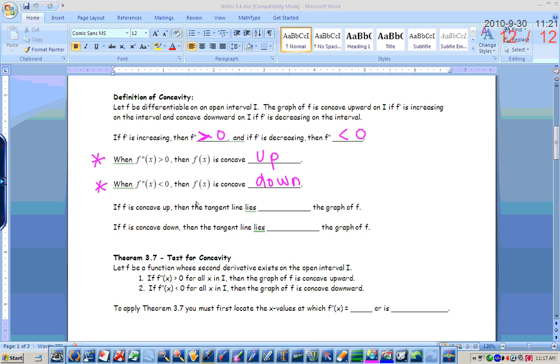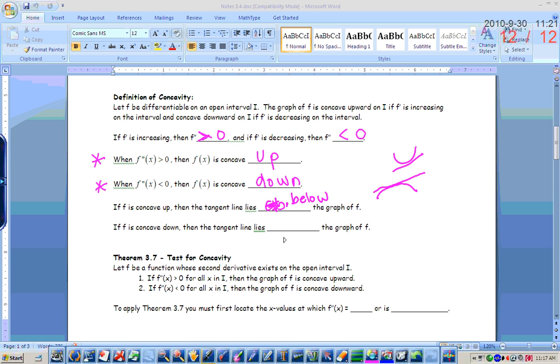All right, if f is concave down, is the tangent line going to lie above or below the graph of f? Above. Good. If something is concave down, the tangent line lies above the graph of f. If f is concave up, then the tangent line will lie below.